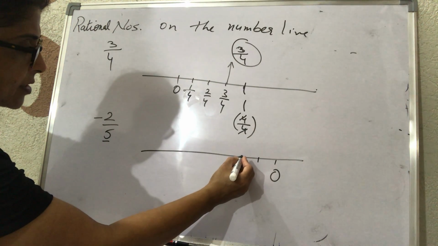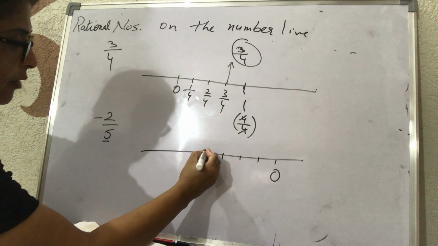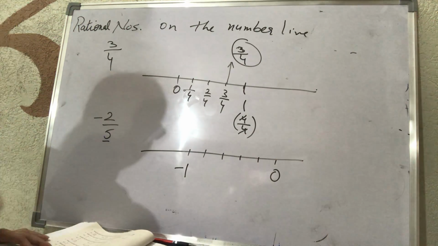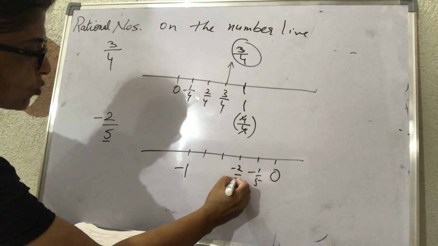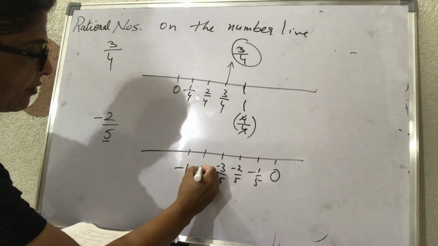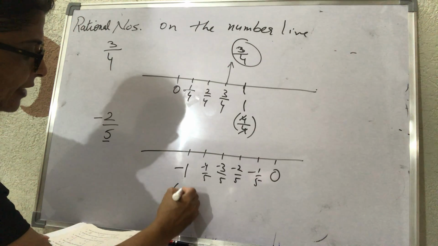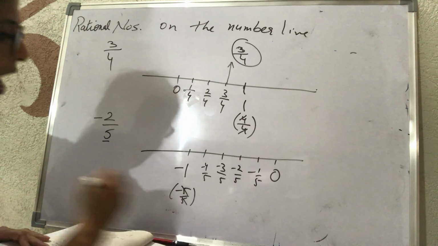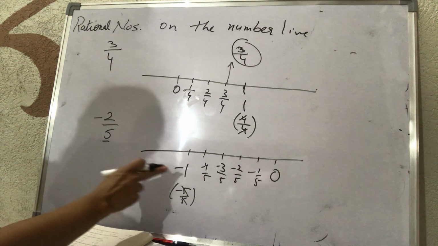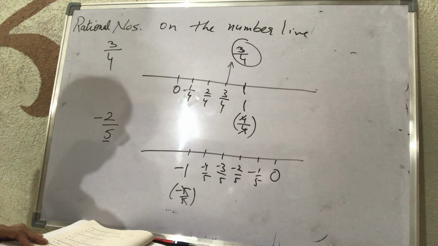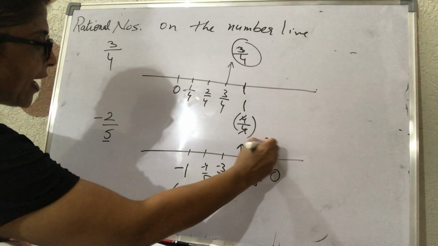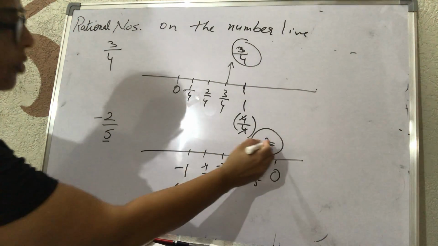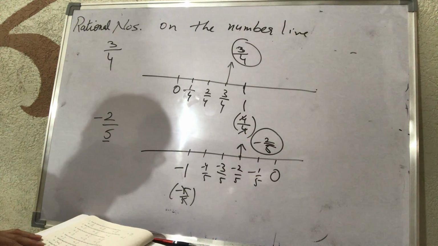This is the first, second, third, fourth and fifth part. This will be minus 1. This will be minus 1 upon 5, minus 2 upon 5, minus 3 upon 5, minus 4 upon 5, and that was minus 5 upon 5. After cancelling 5 and 5, we will get minus 1. Now we have to show minus 2 upon 5. We will give an arrowhead to that, and this is minus 2 upon 5. That will be the answer.